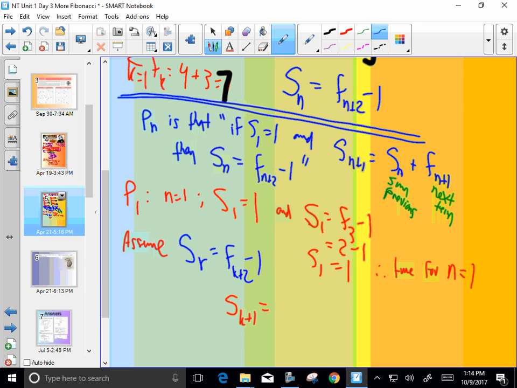So this is what you think it's going to be, where R is less than or equal to K, and R is equal to 1, 2, 3, all the way to K. That's our assumption part.